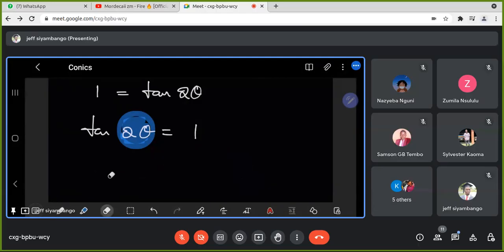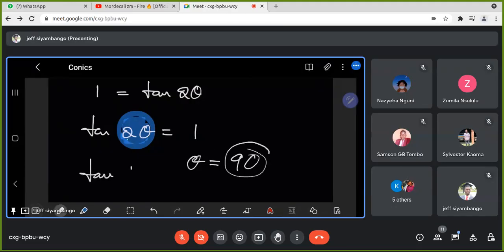Next thing, theta itself cannot be 45. Because if theta is 45, doubling it would make it 90, meaning that you'd end up with tan 90 here, which is what we just described. And if we say that theta is 90 itself, then tan 2 theta would be tan of 2 times 90, which is 180.